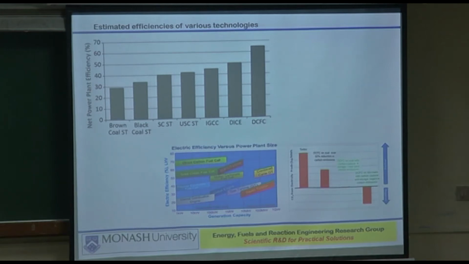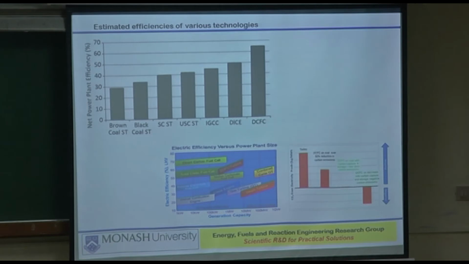And then if DCFC is used with biomass and carbon CO2 capture and storage, then the carbon emissions will be negative. These are all projected values, assuming that biomass is fully renewable.